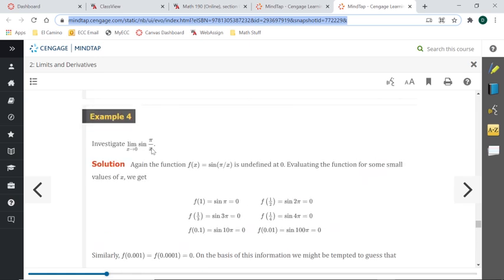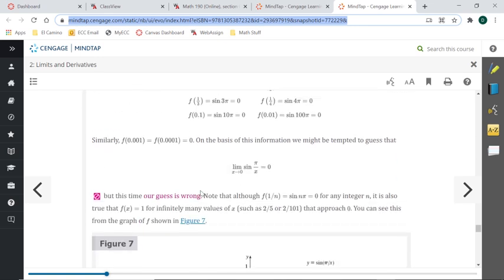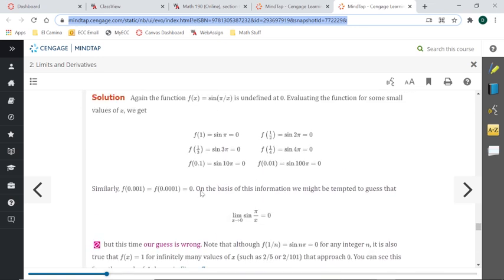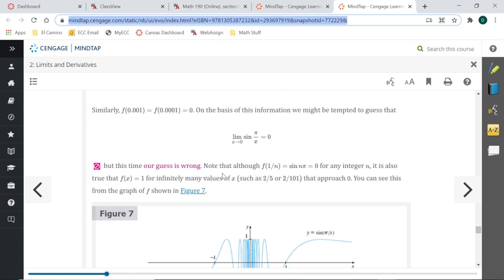So the sine of pi over x, if x is 1 over n, where n is an integer, then you're always going to get that integer times pi, and the sine of an integer times pi is always equal to 0. But what if they had chosen something like 2/3 to plug in? If they had chosen 2/3, they would not have received 0 as the output. So we have to be careful.